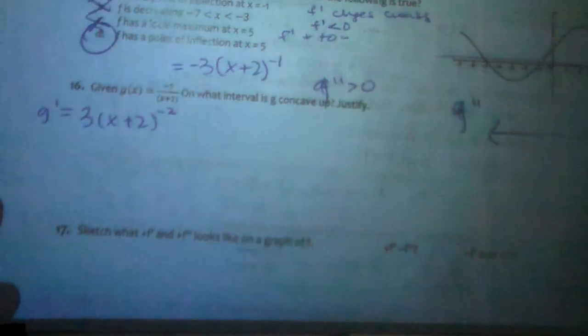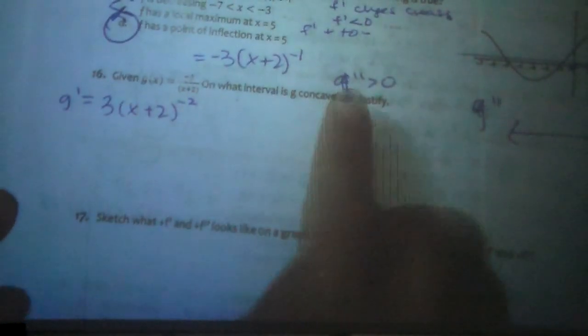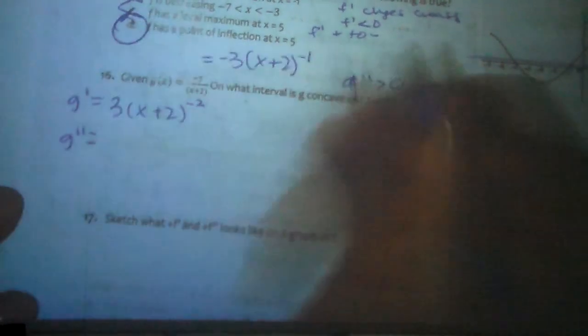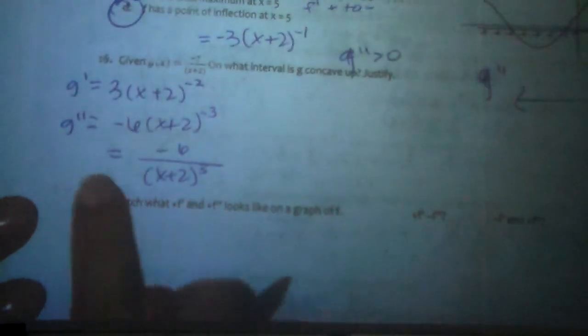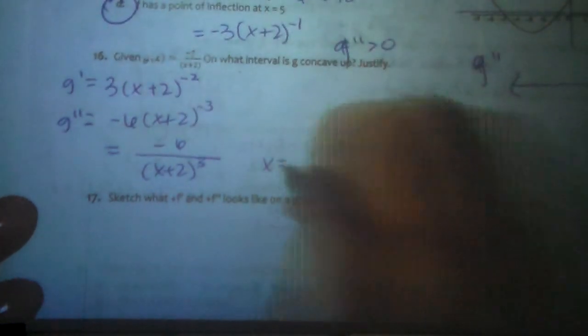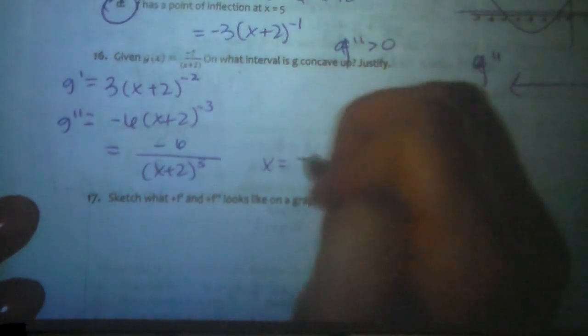So bring the power down. That's 3 times x plus 2 to the -2. Don't stop there because I actually want the second derivative, so just take the derivative again. Bring this down. This is -6 times x plus 2 to the -3. So that's -6 over x plus 2 cubed. Nothing is going to make this 0, but it will be undefined at -2.